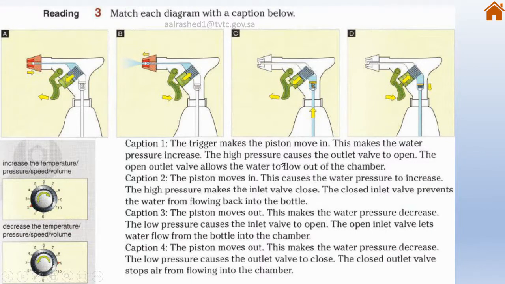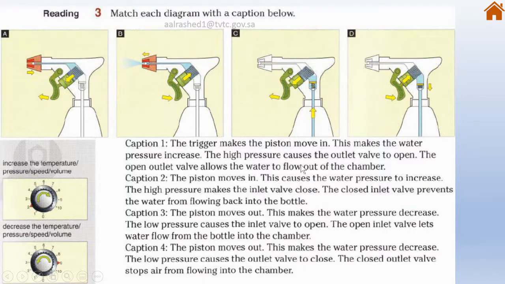The high pressure causes the outlet valve to open. The open outlet valve allows the water to flow out of the chamber. Okay, what do you think? Something has opened.